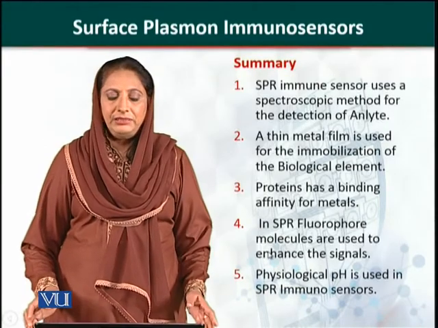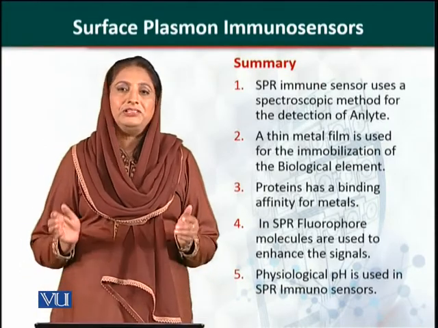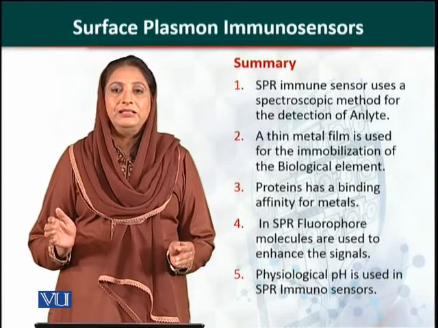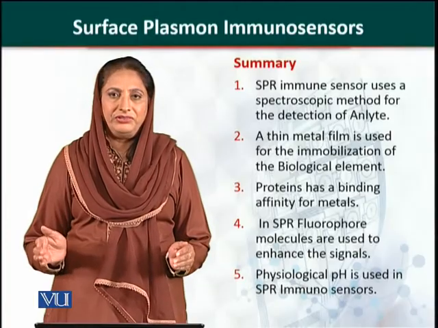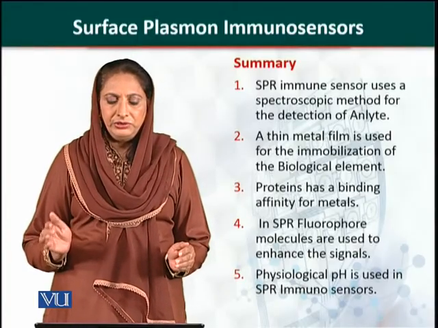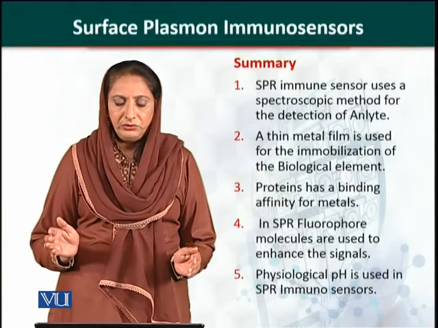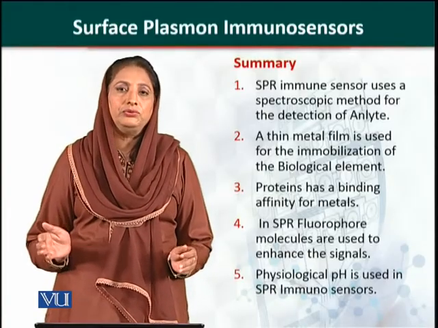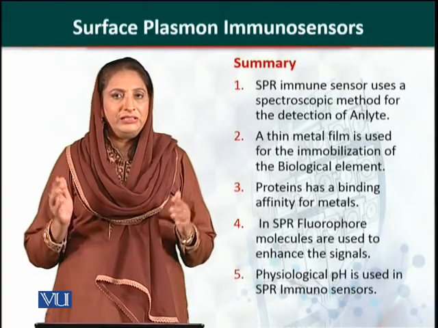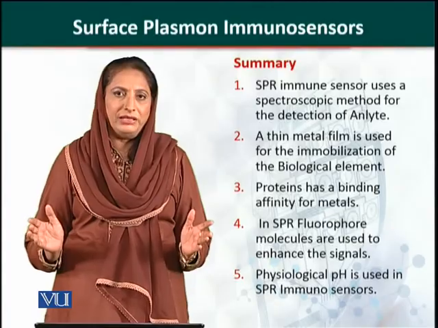So in summary, we can say that the surface plasmon resonance is a powerful technique. We can detect the biorecognition process efficiently. This is an optical method and it uses the spectroscopic methodology. In this technique, we used a thin film on which the biological recognition element is immobilized.